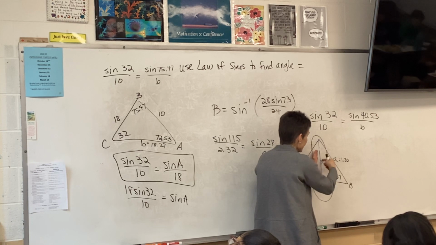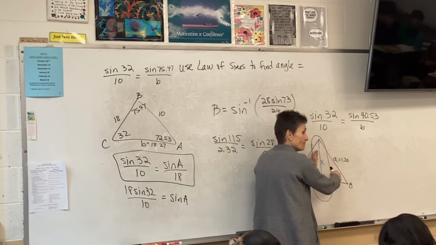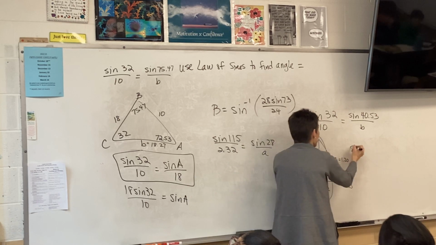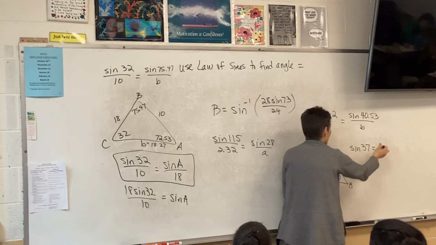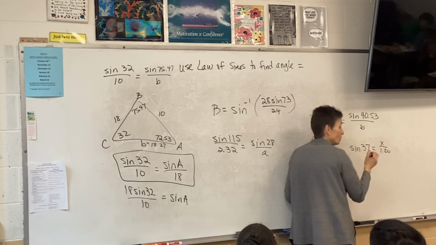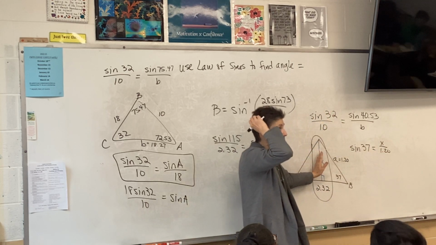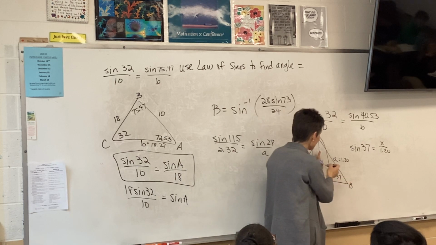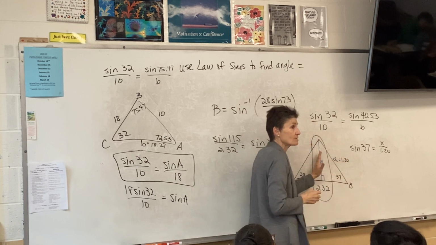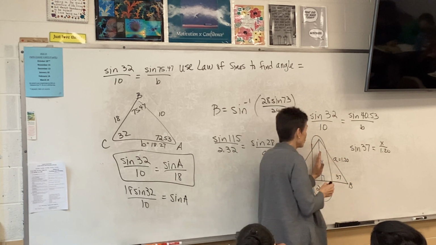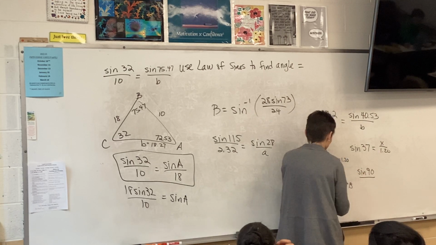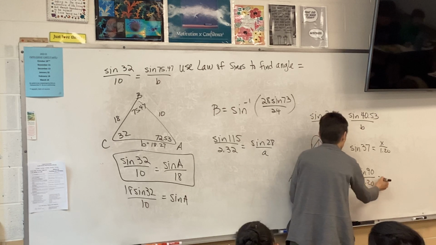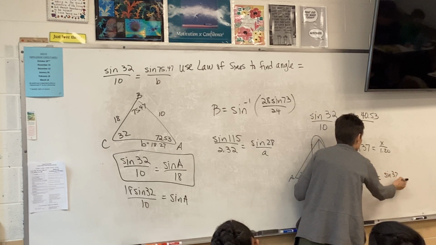However, is this now a right triangle? Yeah. Can I say the sine of 37 equals x over 1.20? Because sine is opposite over hypotenuse. Yeah. Could I also do sine 90 over 1.20 equals sine 37 over x?